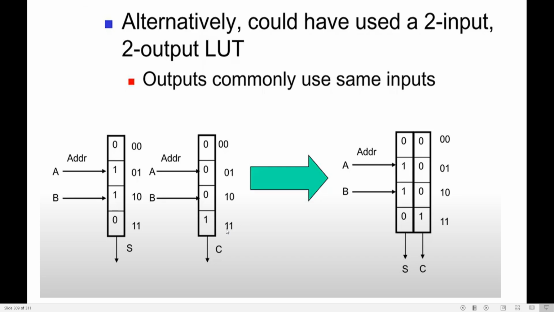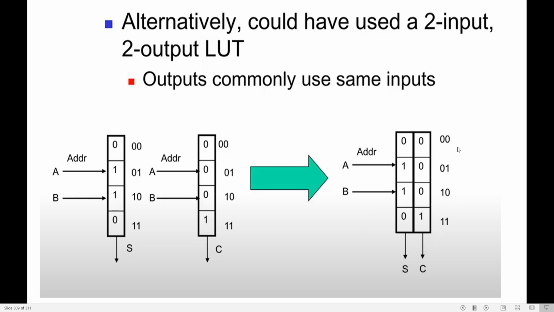Now, an alternative way: this is my sum lookup table, 2 input 1 output, and this is my carry lookup table, 2 input 1 output. We can also merge them like this, because if I give the same address 0, 0, the sum output will be 0 and the carry output will be 0.